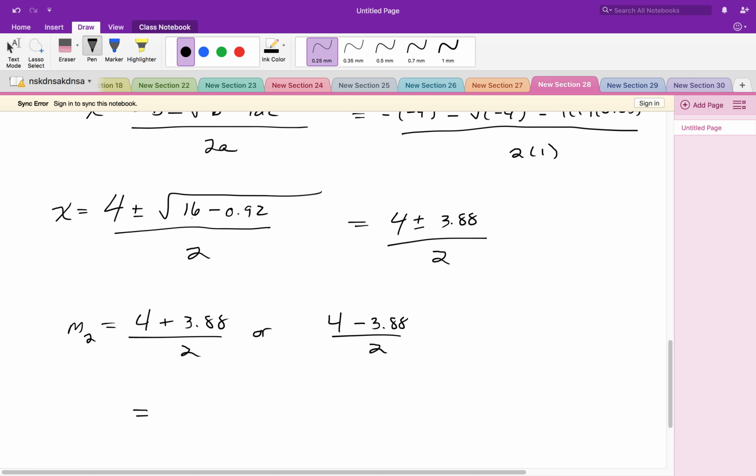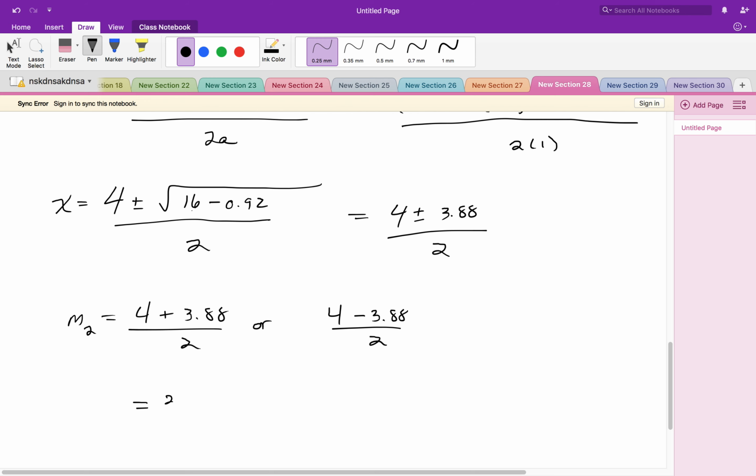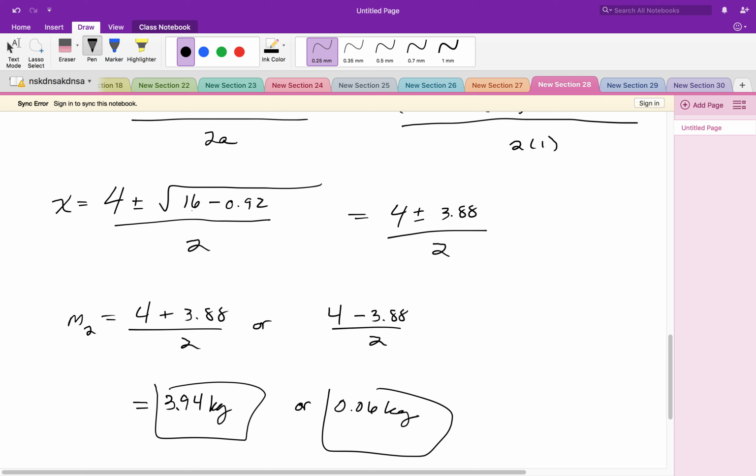Let's do the first one first, so that's going to be 7.88 over 2, which is 3.94 kilograms. And then this one is going to be 4 minus 3.88 divided by 2. It's a much smaller number, obviously, 0.06. So that's what M2 potentially is equal to.